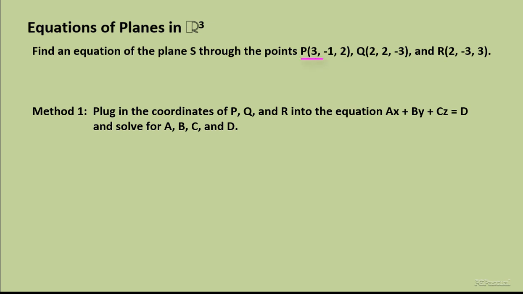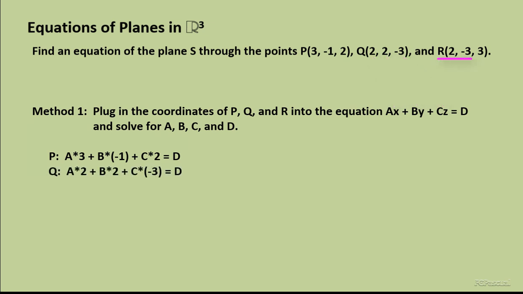Plugging in the coordinates of P for x, y, and z in the equation of the plane, we get the equation a times 3 plus b times -1 plus c times 2 equals d. The coordinates of Q lead to the equation a times 2 plus b times 2 plus c times -3 equals d.